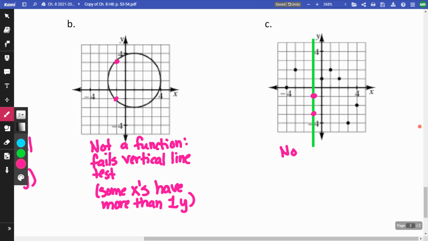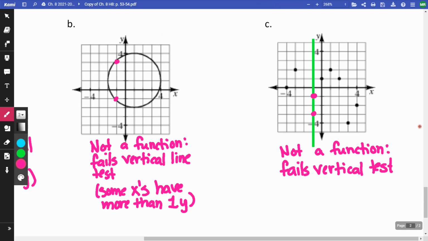So not a function, fails vertical line test. Now it fails it in general, but it fails the vertical line test for x equal -1 because that x has more than one y.